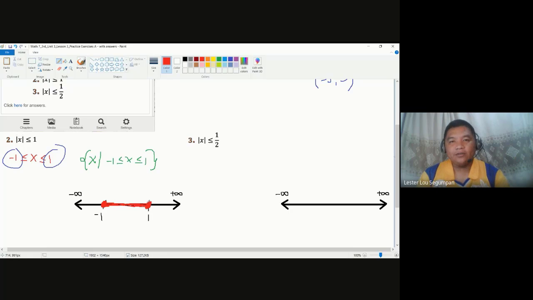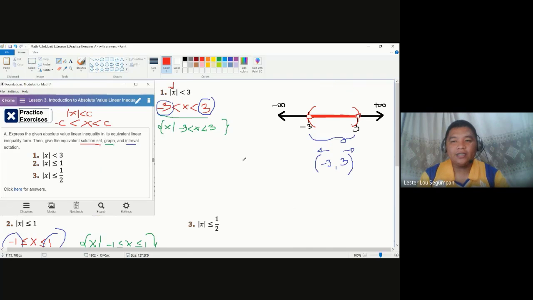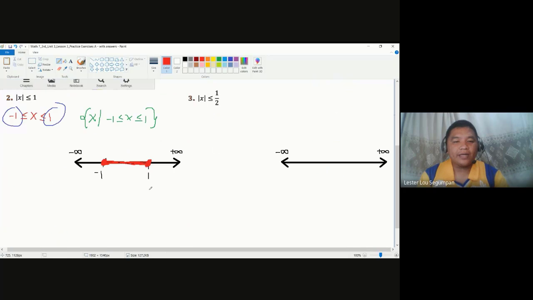And since they are included, we will not be using parentheses here, but rather we'll be using brackets. And same as earlier, the parentheses are both facing towards each other. The brackets will be the same thing. Sorry for that. Okay. Those are brackets. So this is our complete graph.